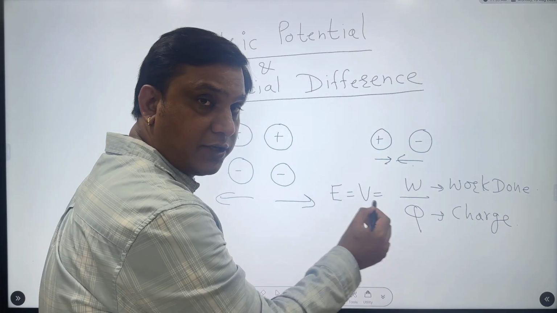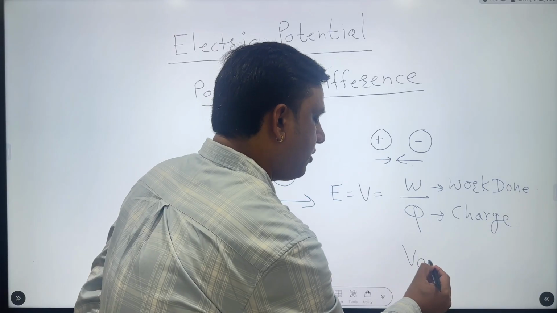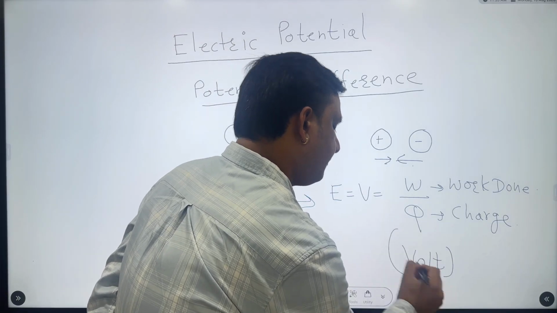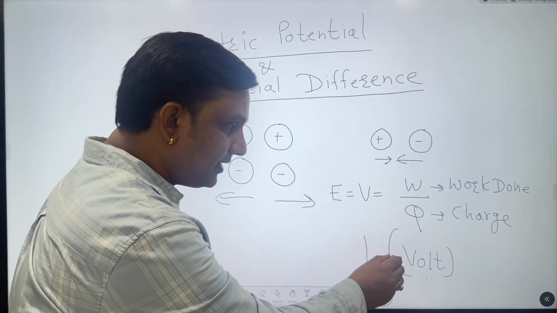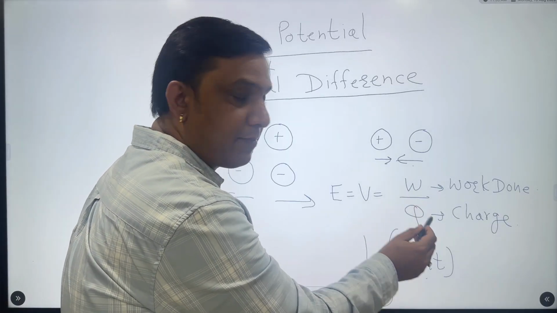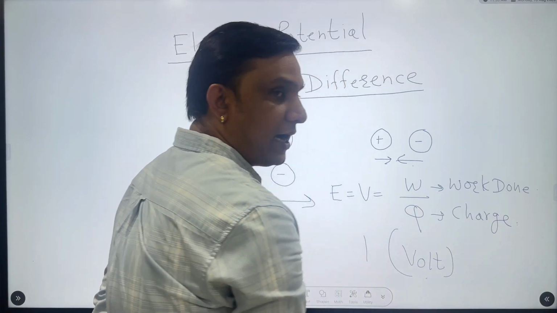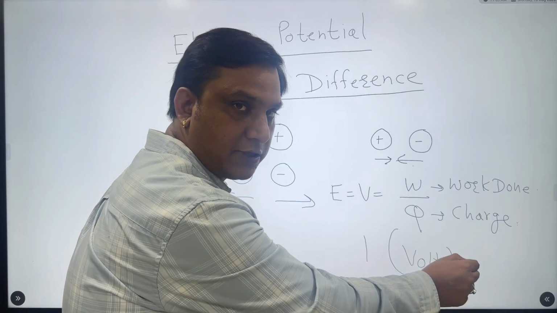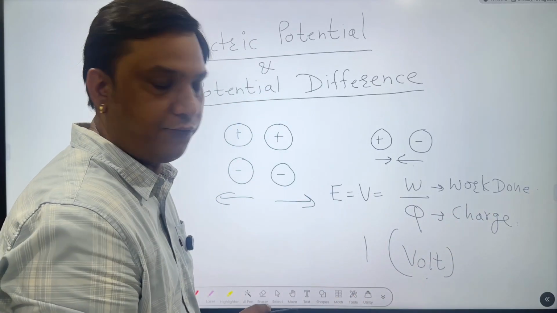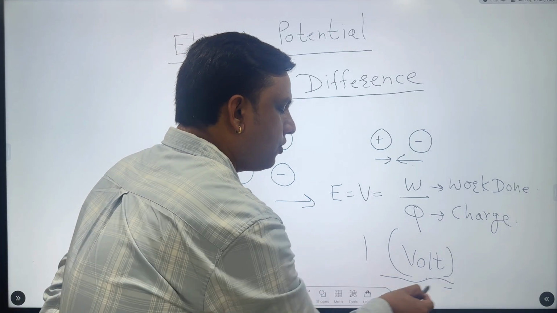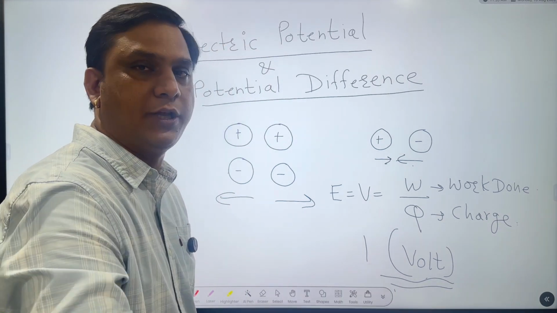The unit of potential difference is the volt, where 1 volt of voltage is equal to the work done by 1 coulomb of charge. As coulomb is the SI unit of charge, when the work done is by 1 coulomb of charge, we are calling it 1 volt of voltage or potential.